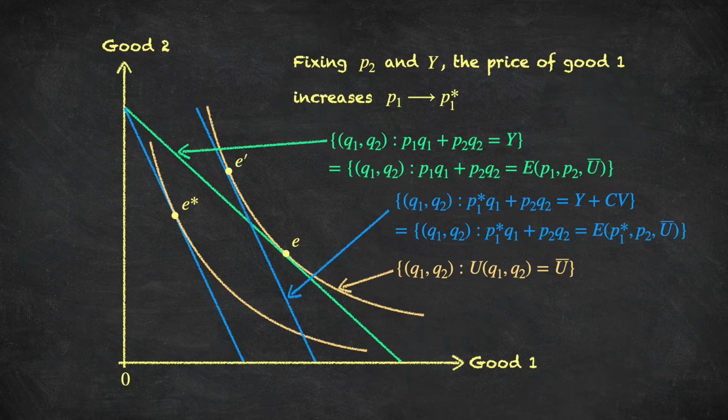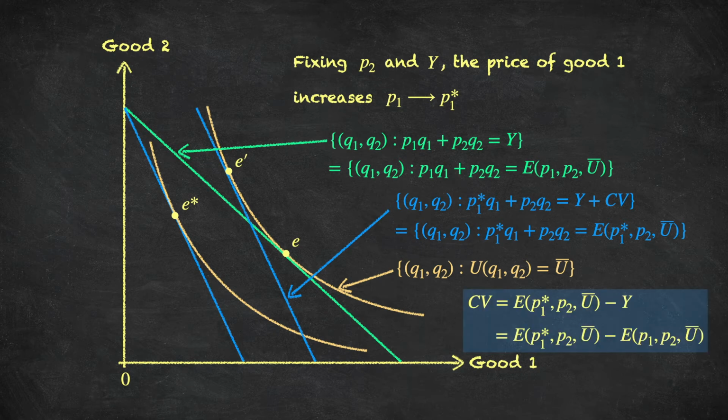Okay, so taking these together, we get that the compensating variation, which is the difference between how much money you need at the new prices to achieve the original level of utility minus whatever your initial income happened to be.